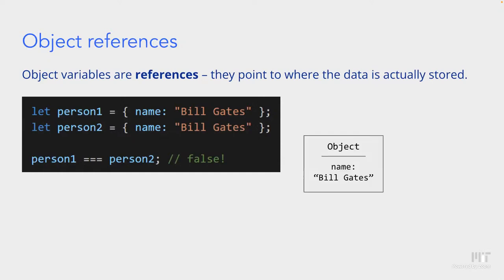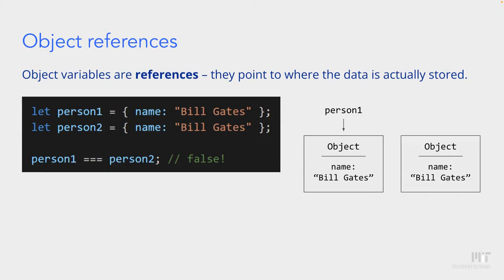So you can visualize it like this. Person 1 is pointing to some location in memory that stores an object with a name. And then similarly, person 2 points to another object whose name and value pairs are equal, but it is stored in a different memory location.